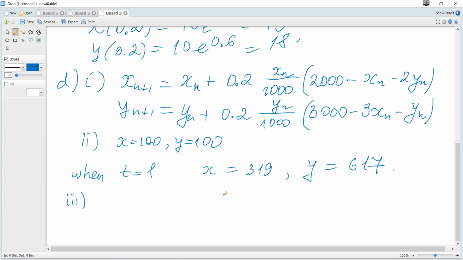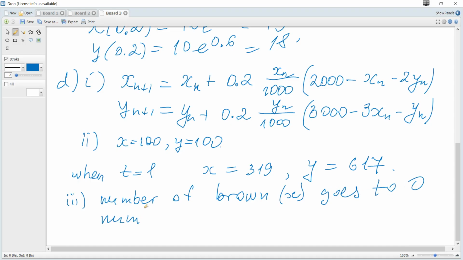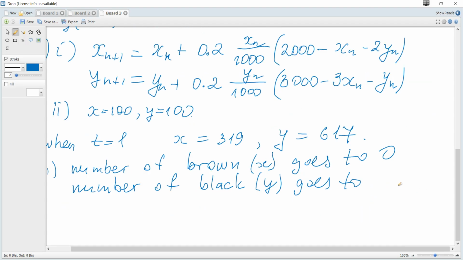So the number of brown x goes to 0, and the number of black y goes to 3000.